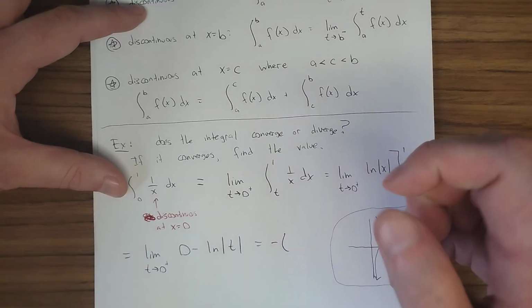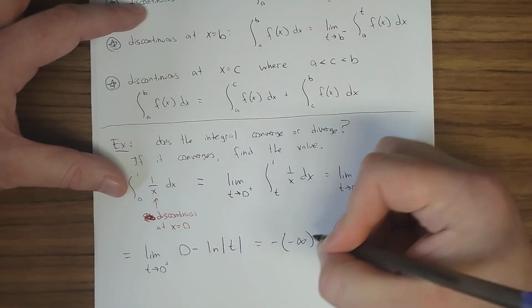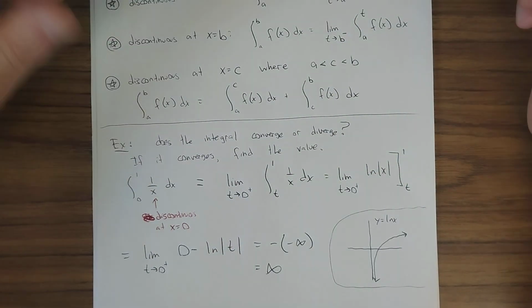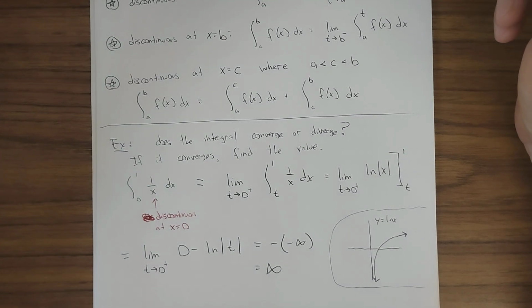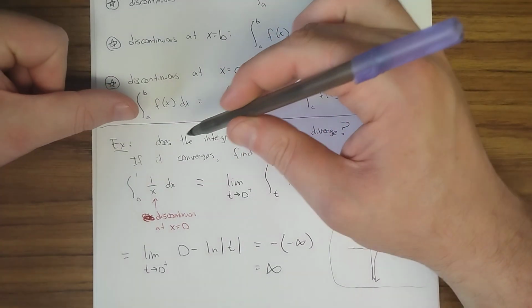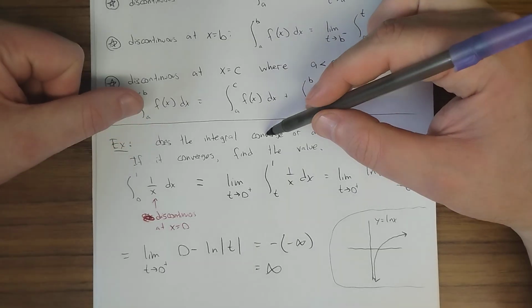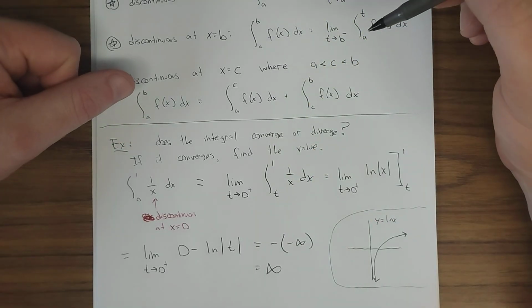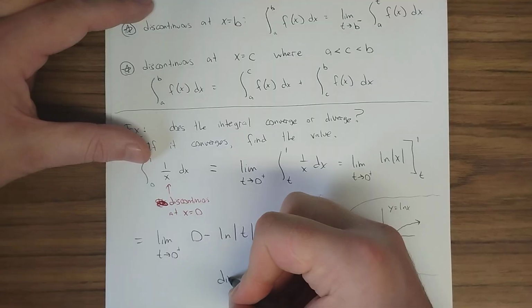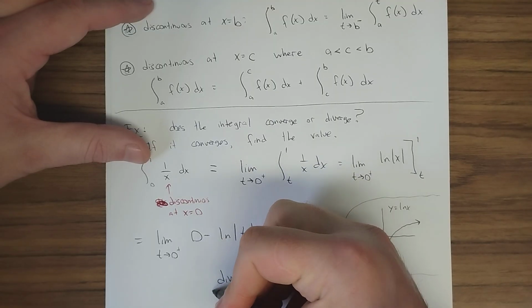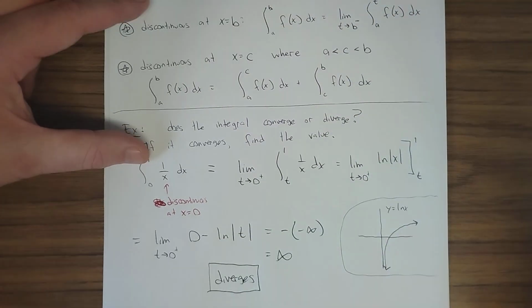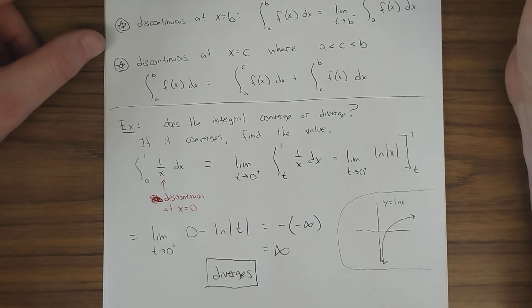Well, it has this negative sign in front too, so I guess we would say it's positive infinity. And in this case, we just say it diverges. Converges means that it has a finite value. So this one diverges.